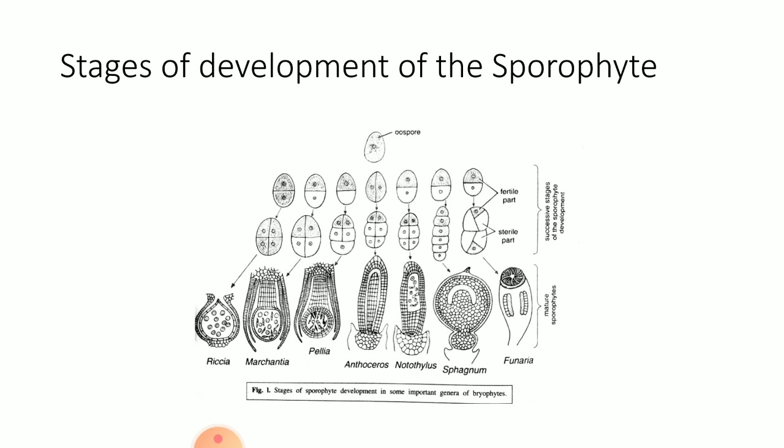Half of the archesporium remains sterile. Cells elongate, develop spirally thickened bands and become the elaters. The elaters are hygroscopic and help in spore dispersal. The remaining half of the archesporium becomes the spore mother cells. Some of the sporogenous cells at the top are converted into a sterile apical cap.